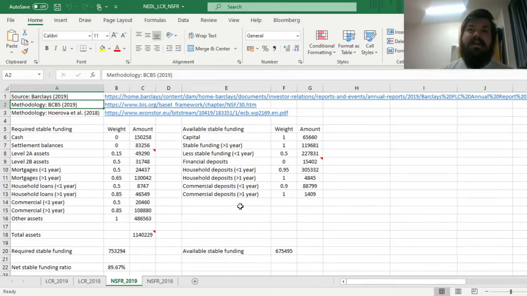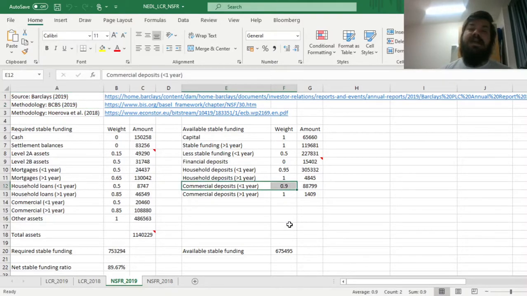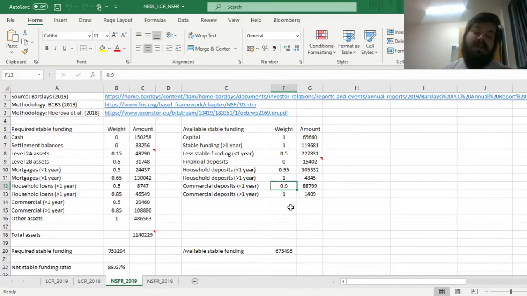The maturity-related aspect of stability, something that is longer term in terms of funding, is more stable, and behavioral stability, which is basically the fact that non-financial corporations are, all other things held equal, more likely to withdraw their deposits than household customers. And that is why this weight is higher than that weight, due to behavioral reasons that single out household depositors from commercial depositors.